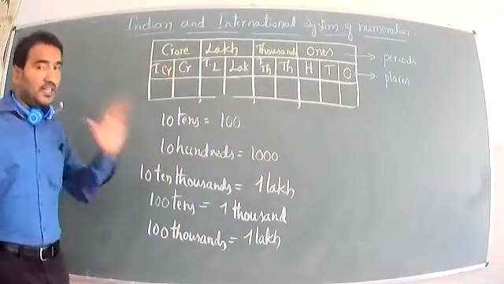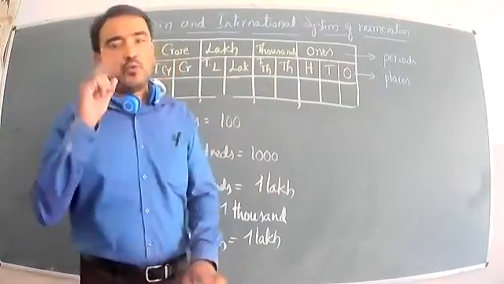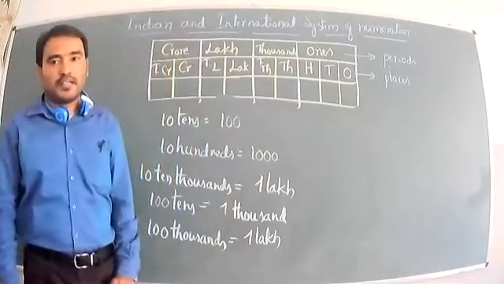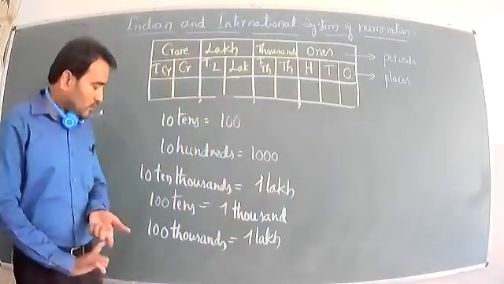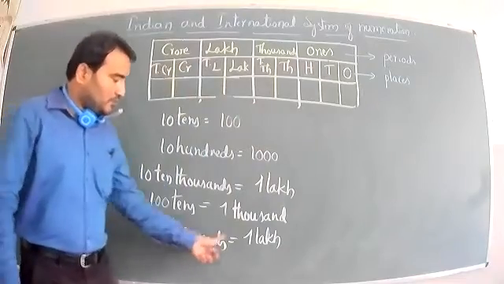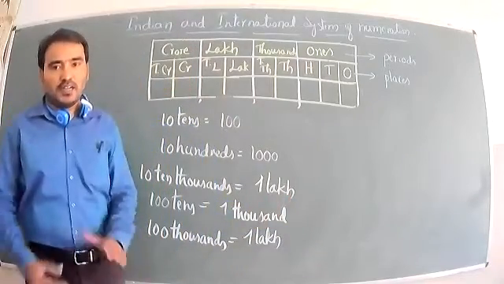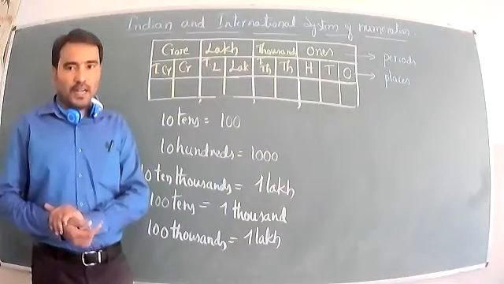Now 100 tens means 1000. Finally 100 thousands means 1 lakh.